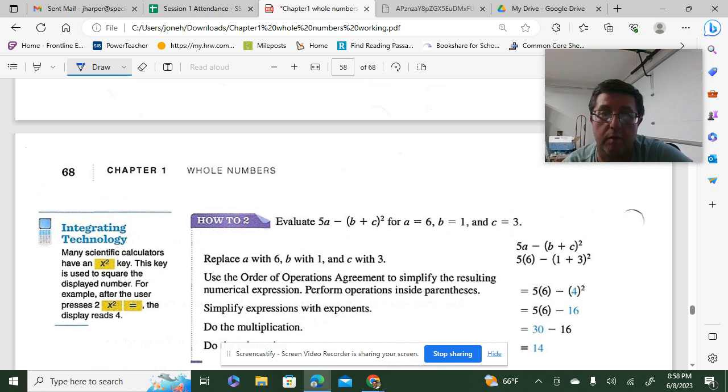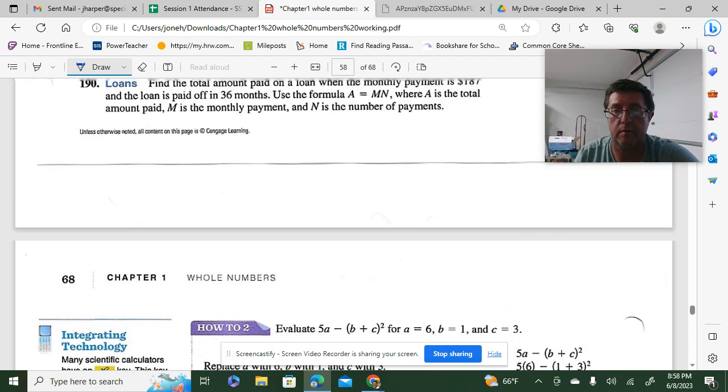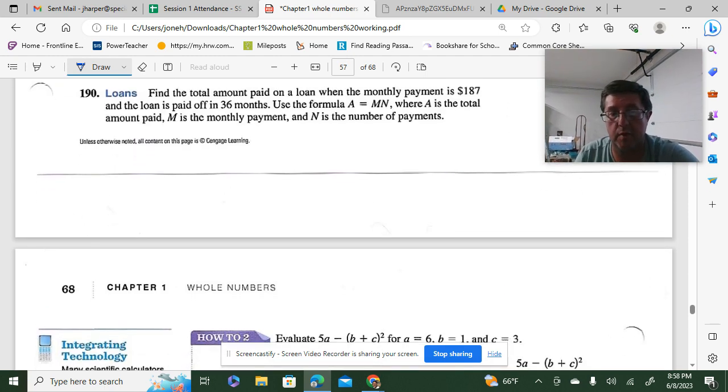Okay, next, right here, I sent Judy the pages that I missed. I didn't miss 68, I missed 67, but I made a scan of both of the pages so she can slide them into your books.